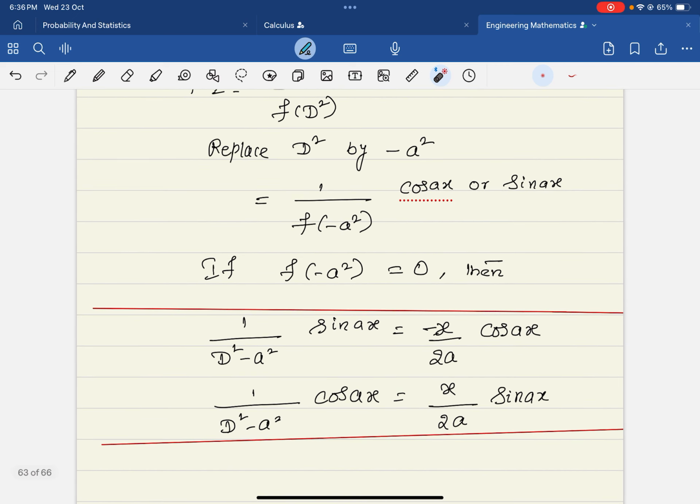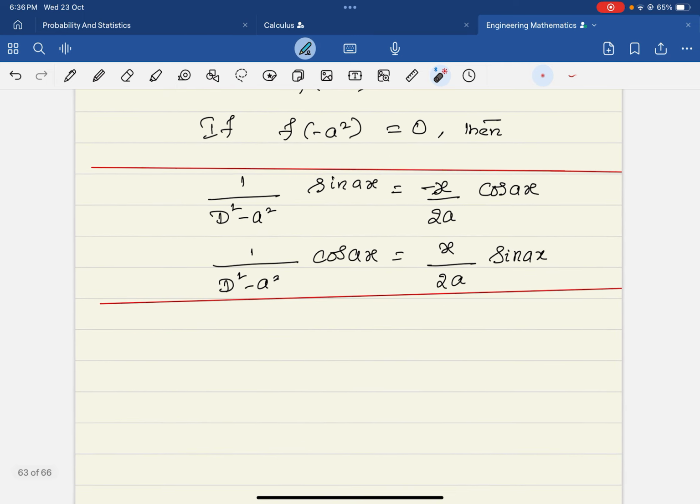What is the special case? 1 over D square plus a square becomes 0 here, right? When you put sine ax, D square is replaced by minus a square. Then 1 over D square plus a square of sine ax gives you minus x by 2a cosine ax, and 1 over D square plus a square of cosine ax is given by x by 2a sine ax. So this you have to remember as the special case.